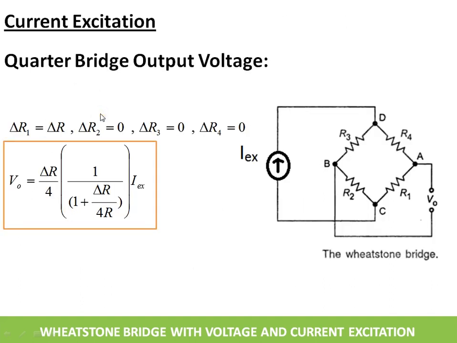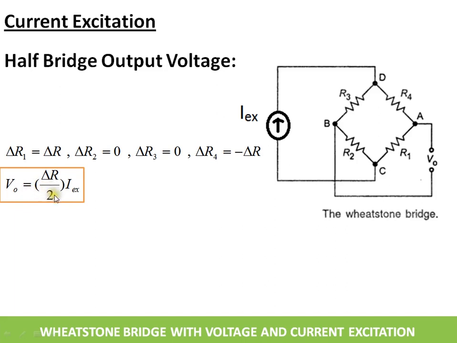And for quarter bridge, similarly as discussed for voltage excitation, here if you see V0 equal to delta R by 4 into I excitation, this term can be neglected. Here if you see, in comparison to voltage excitation, the denominator is not containing the R term, so the sensitivity for current excitation bridges is high compared to voltage excitation bridges.